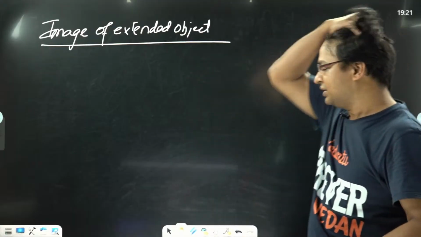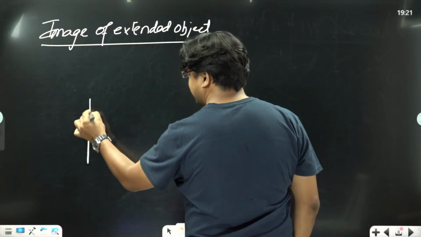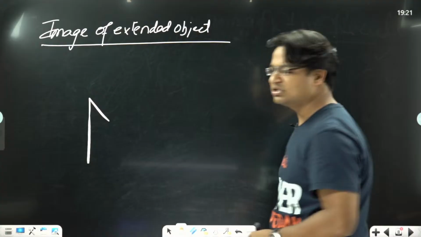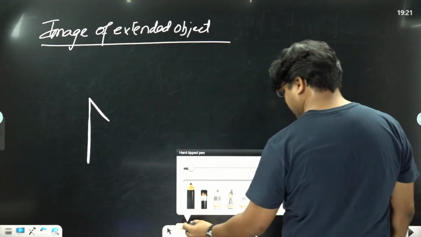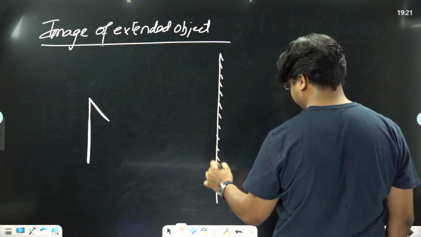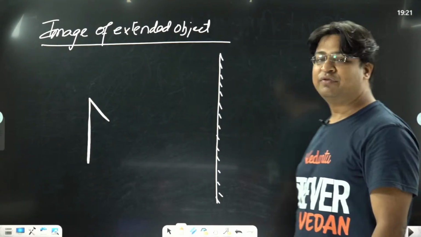Let's say this is the shape of my object, and I want to talk about the image of this object formed in a plane mirror like this. So you have to work point-wise.